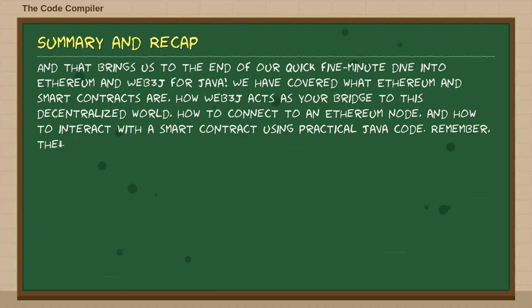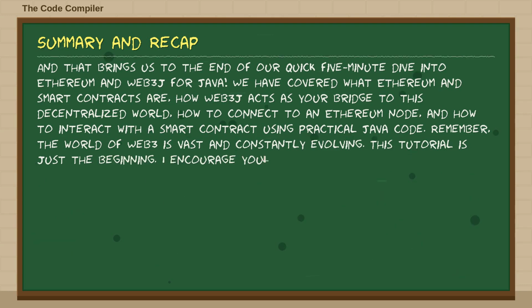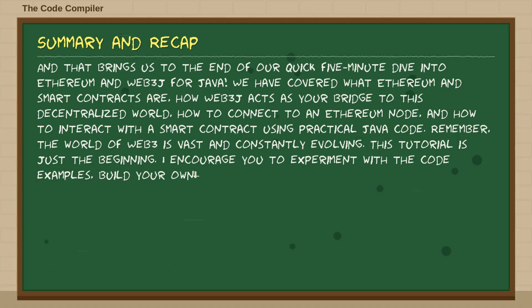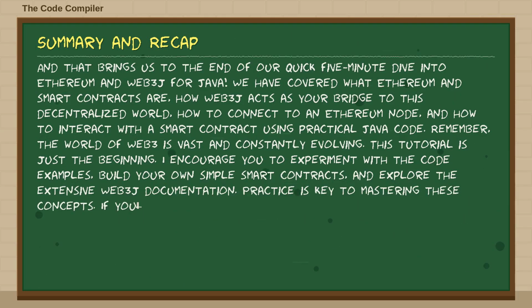Remember, the world of Web3 is vast and constantly evolving. This tutorial is just the beginning. I encourage you to experiment with the code examples, build your own simple smart contracts, and explore the extensive Web3j documentation. Practice is key to mastering these concepts.